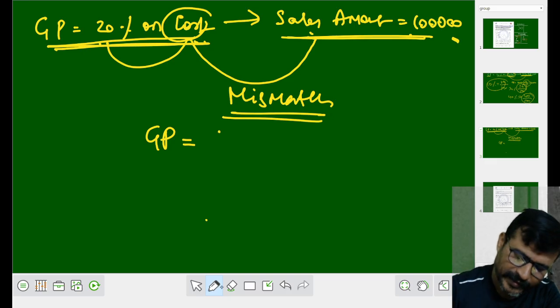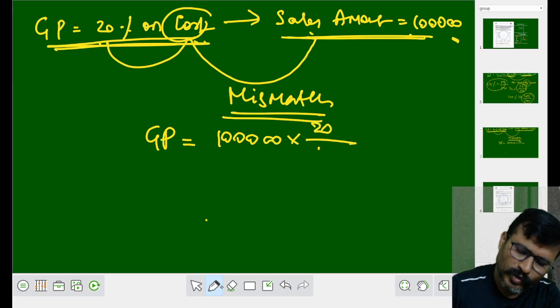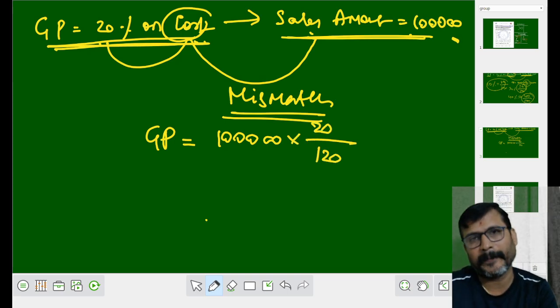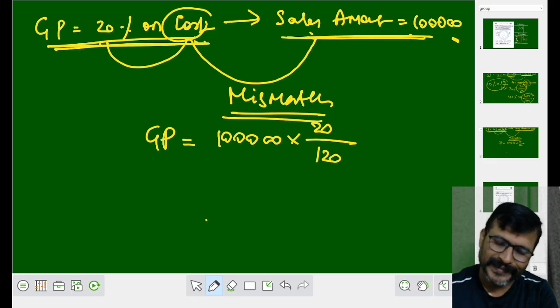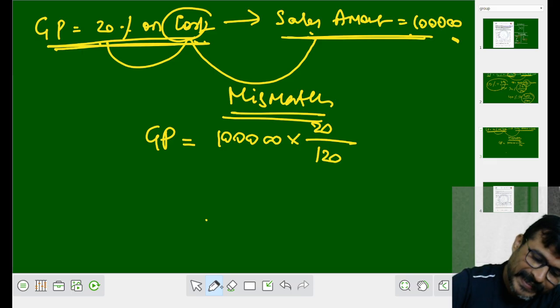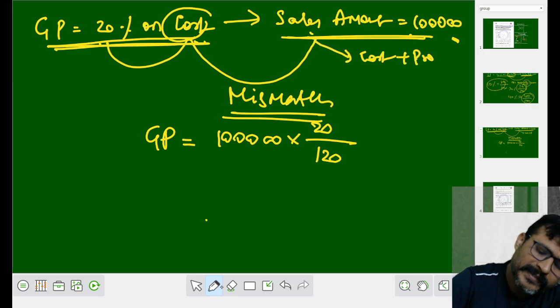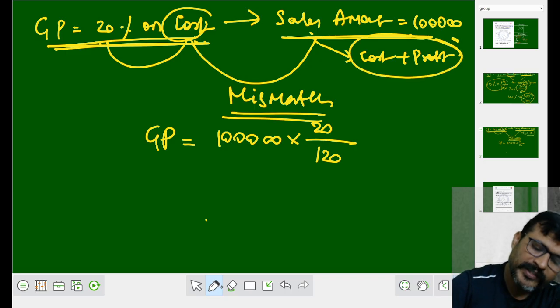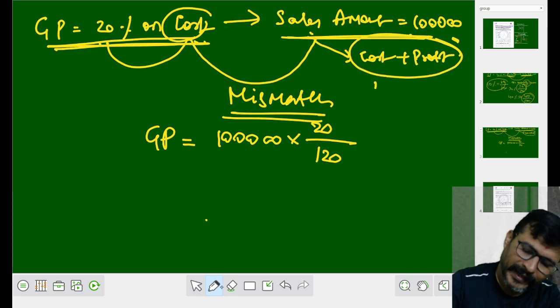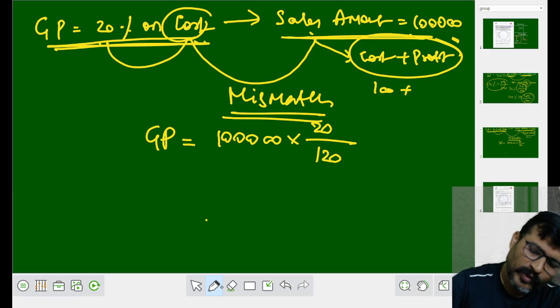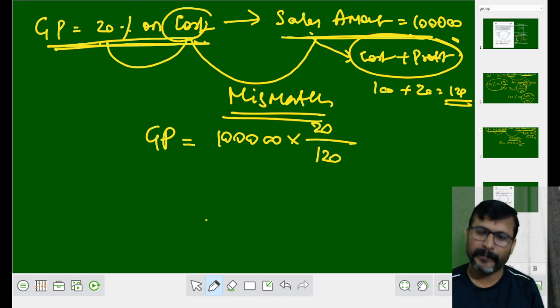Then how to work out a gross profit? Gross profit is the sales of 1 lakh into 20 by 120. Why? Because sales is cost plus profit. Cost 100%, profit 20% on cost. So we have to take 120.